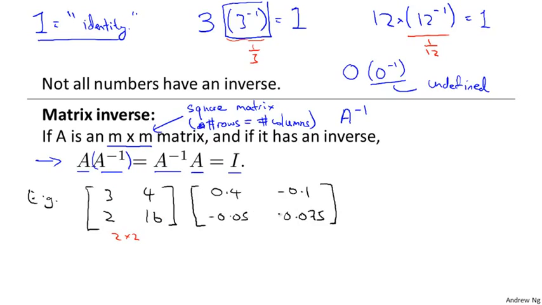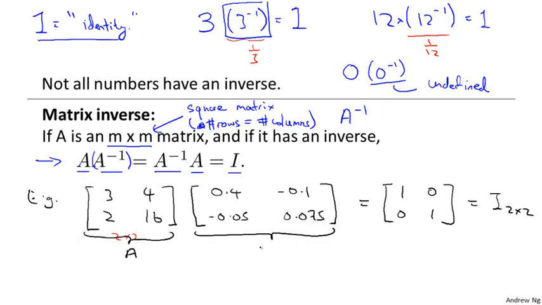If I multiply these together, what I get is the 2 by 2 identity matrix I, which I can write as I 2 by 2. On this slide, this matrix is the matrix A, and this matrix is the matrix A inverse. Here I've computed A times A inverse. If you compute A inverse times A, you also get back the identity matrix.